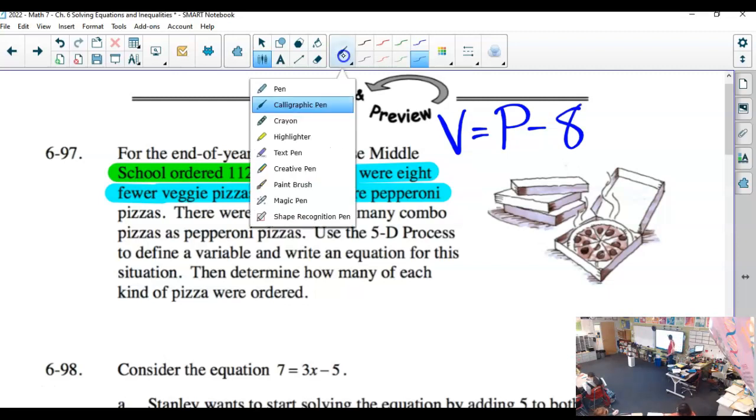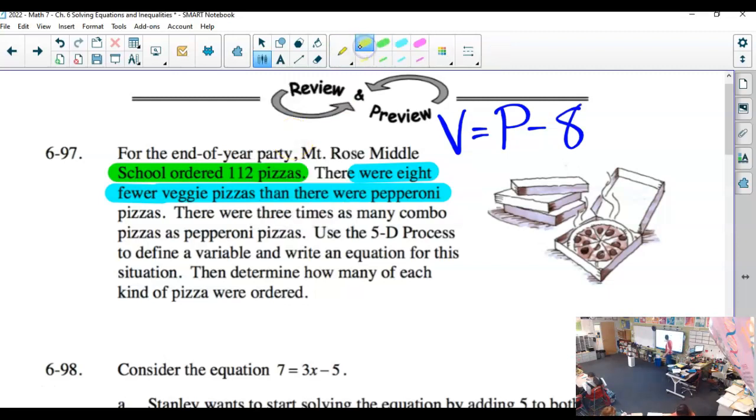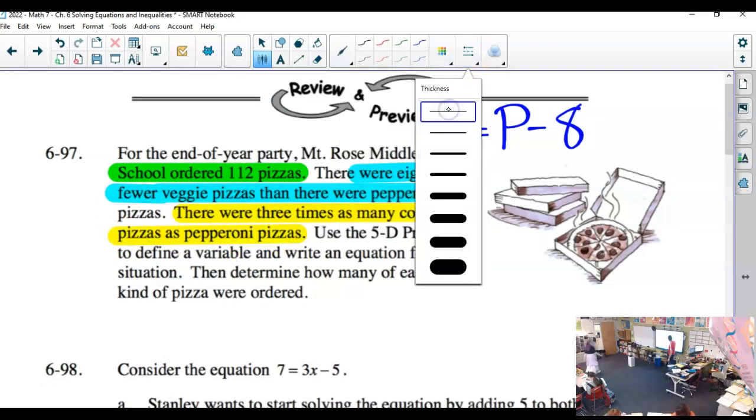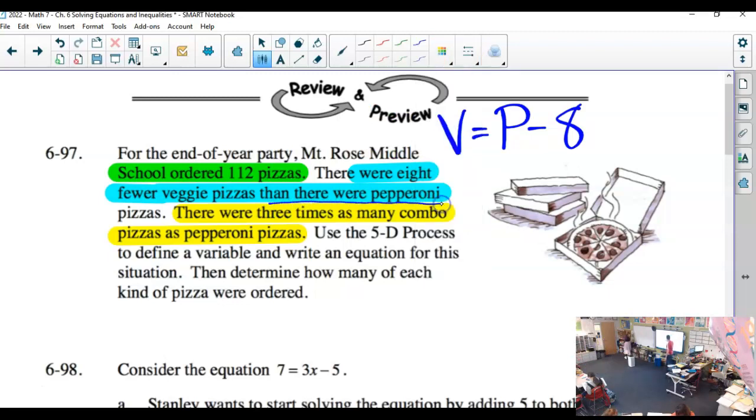Then there were 3 times as many combo as pepperoni. Guys, the thing to be careful of here is what are we comparing to? Here, fewer than pepperoni, right? 3 times as many as pepperoni.